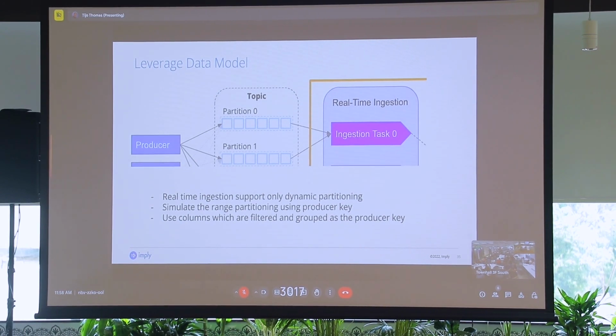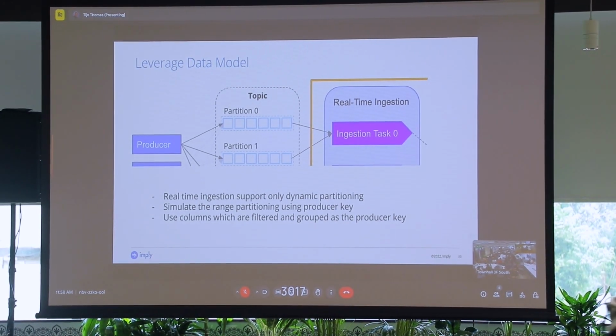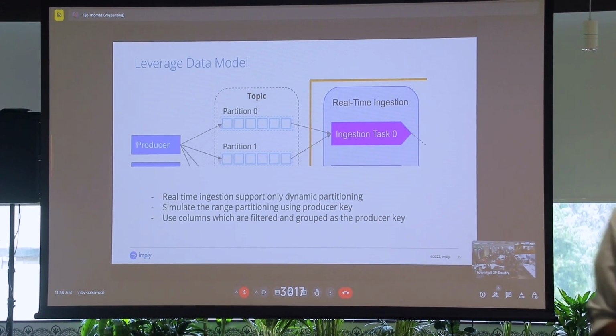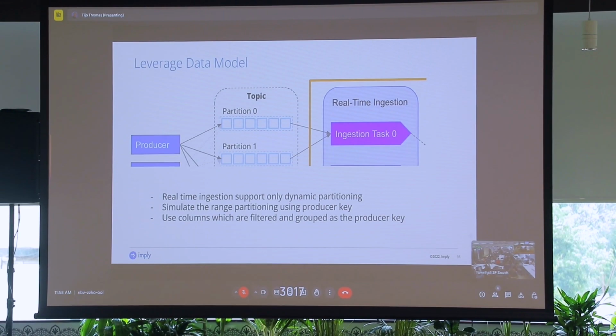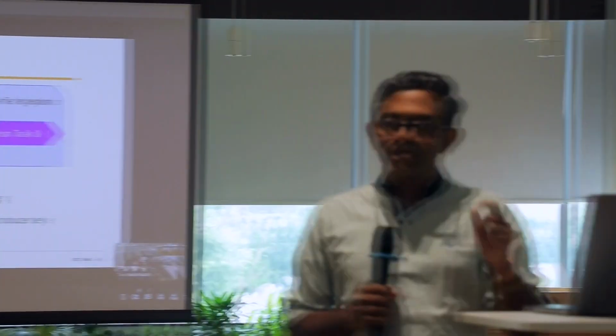Those who are aware of Druid understand dynamic partition, but the performance will be better with a range partition. So one way to improve performance is to simulate a range partition. How to do it? Use a key while producing the data that is read from the Kafka topic.